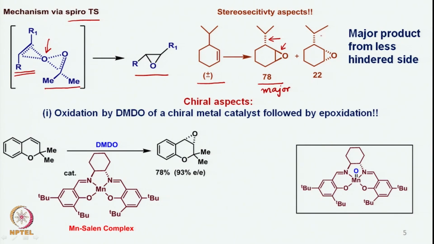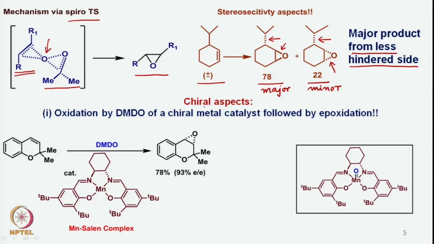On the other hand, the cis product, where the epoxide and the isopropyl group are cis to each other, forms in a minor way. So it is very clear that the major product is formed from the less hindered side. Of course here we are talking about the relative stereochemistry, not the absolute stereochemistry, because we have started with a racemic compound.